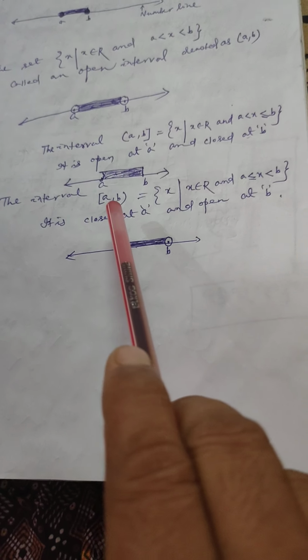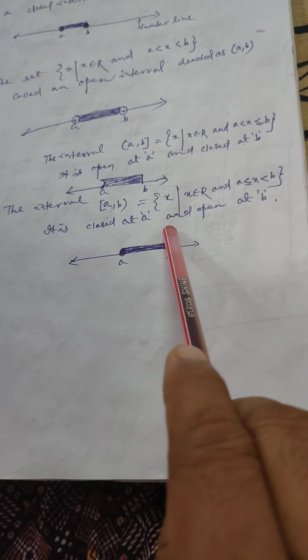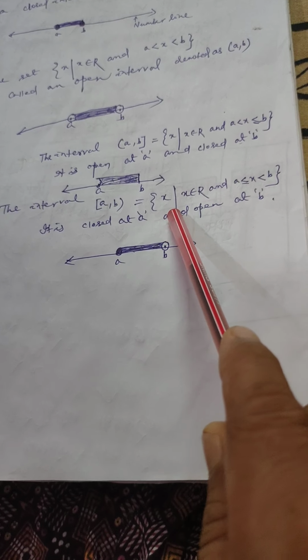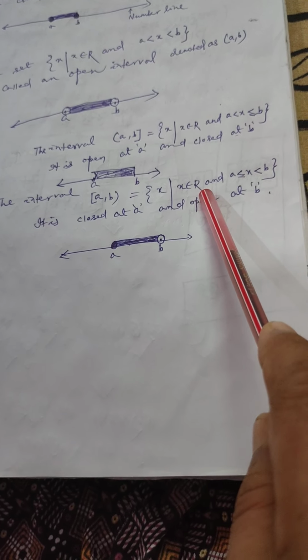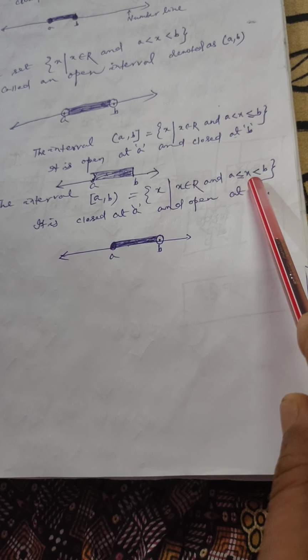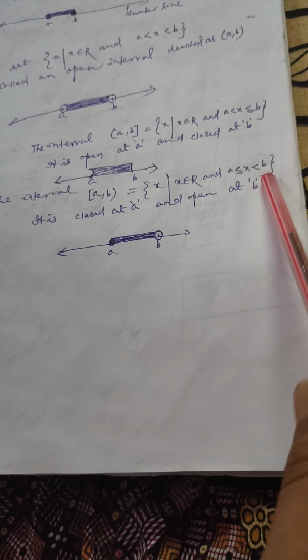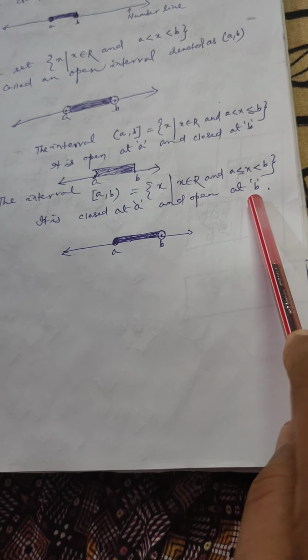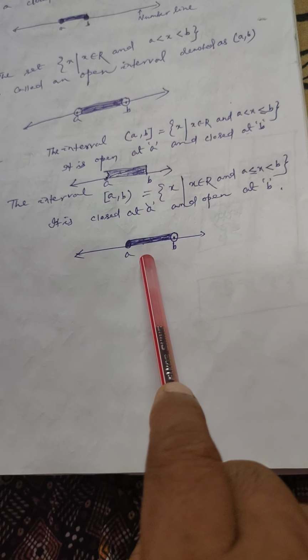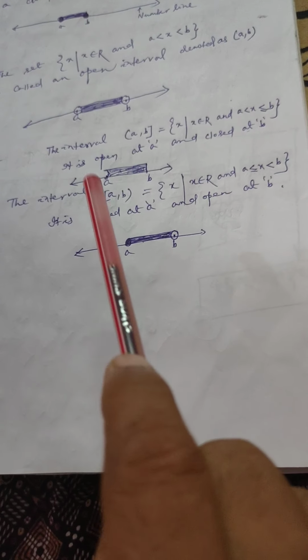The interval, a set of all x such that x belongs to R and x is greater than or equal to a but less than b, is closed at a and open at b. It is represented on the number line as shown in this figure.